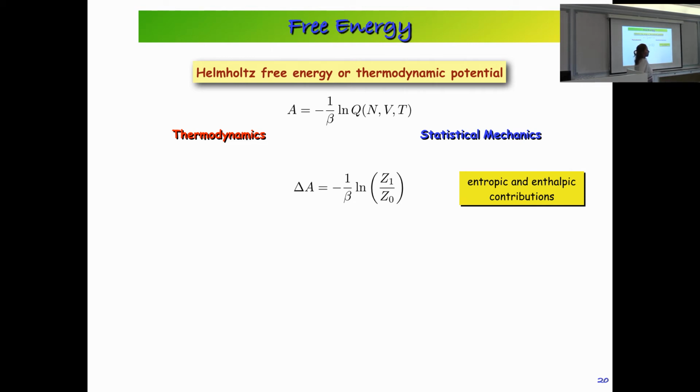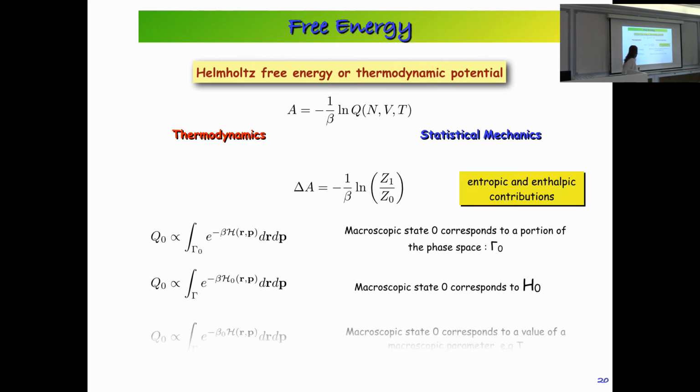And what is the meaning of comparing two different states? It might have different meanings. You might have states that differ because they are sampling different parts of the configurational space. So this is the volume of the configurational space, so they belong to different parts.